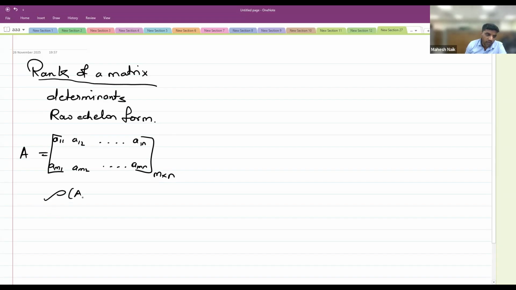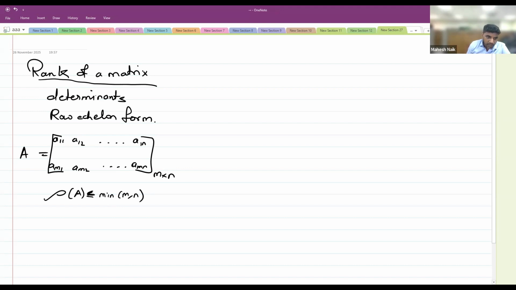The rank of A would be written as rho of A. If you're dealing with a matrix of order m cross n, it is always at most the minimum of m comma n. Moreover, it can be lesser than that.